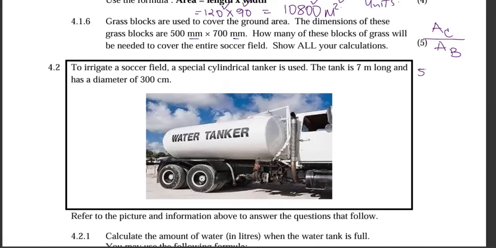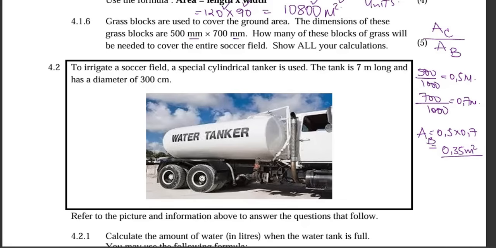They have to become meters. So first and foremost, change the 500 to meters, divide by 1,000, 0.5 meters. 700 divided by 1,000, which is 0.7 also meters. So area of only one block is going to be 0.5 times 0.7, which is 0.35 meters squared. This is the area of only one block.